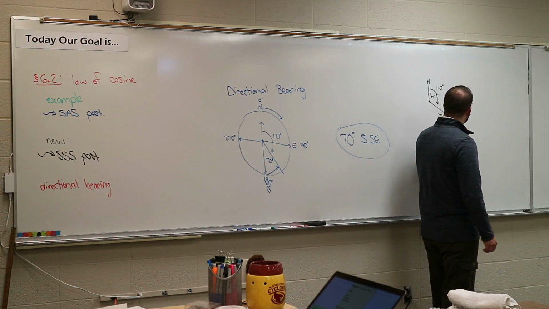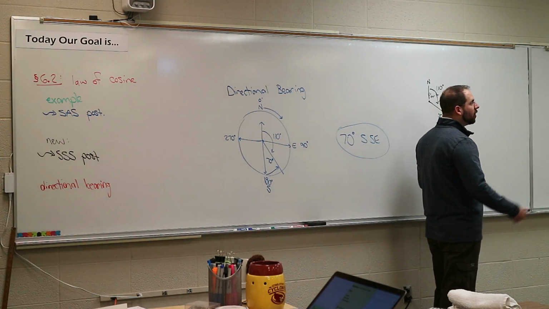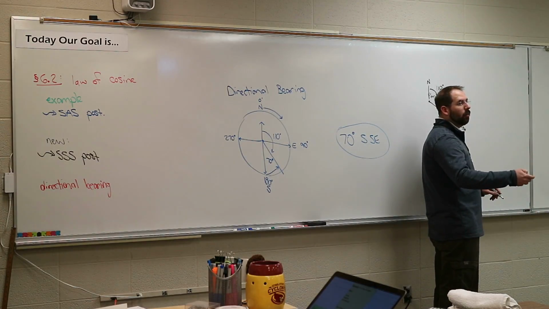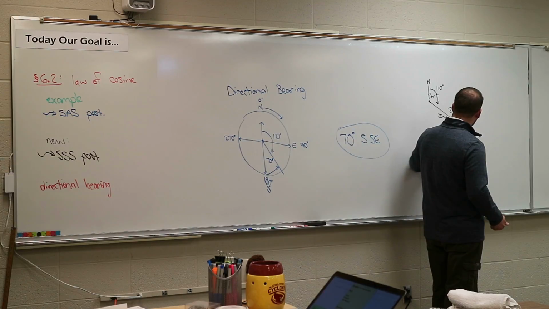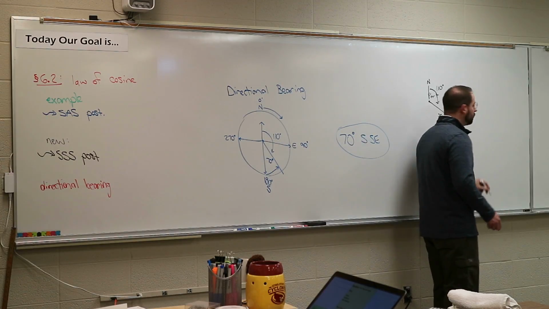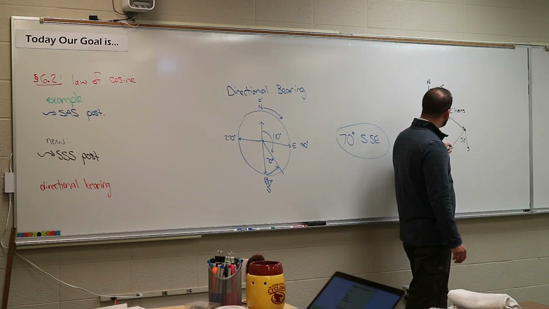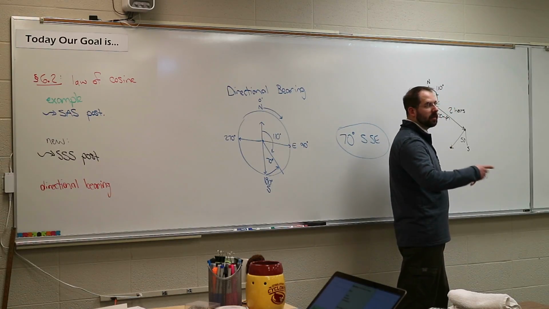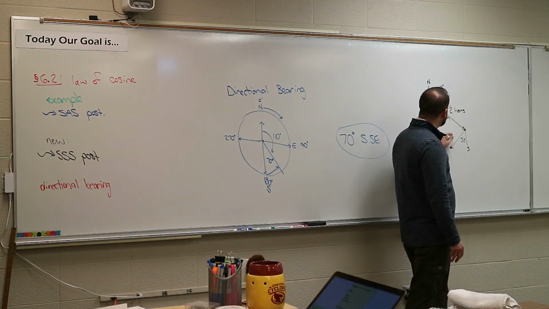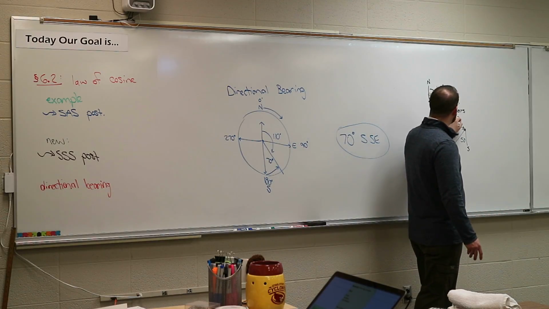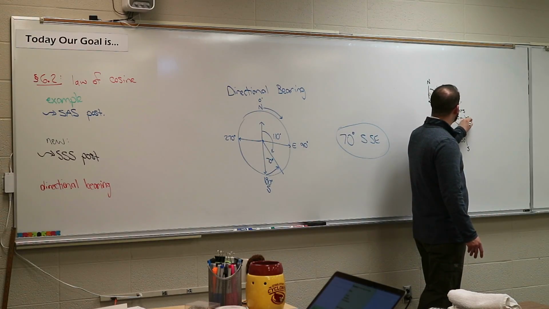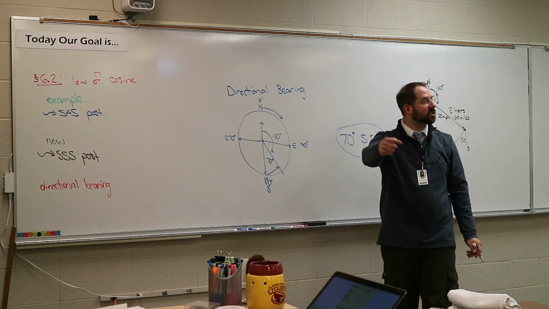And once they get here, maybe the captain makes a correction, and he goes, oh hey, now we're going to head south-southwest 50. Well, here's south, here's southwest, and this is 50 degrees. So he's going back this way to make sure that he can land on the correct direction, because maybe they are drifting. The idea is that this time and speed meant I was going 60 miles, because you take 2 times 30. And that gives me how far I actually traveled.